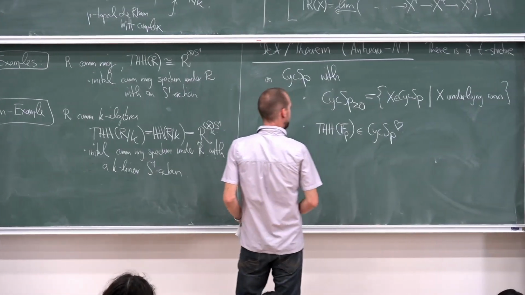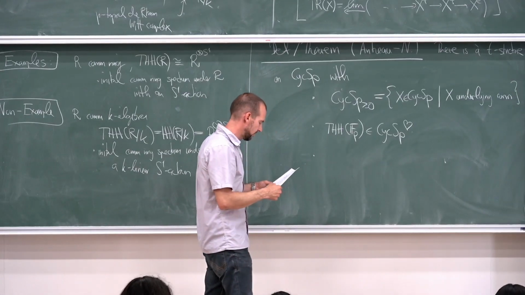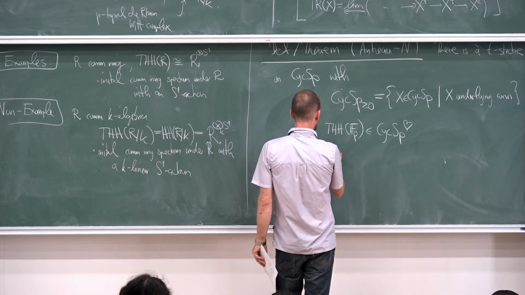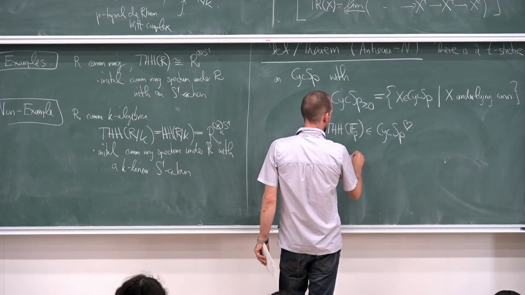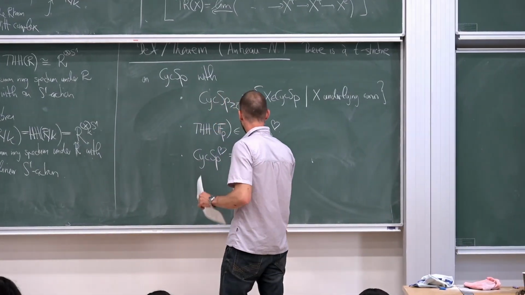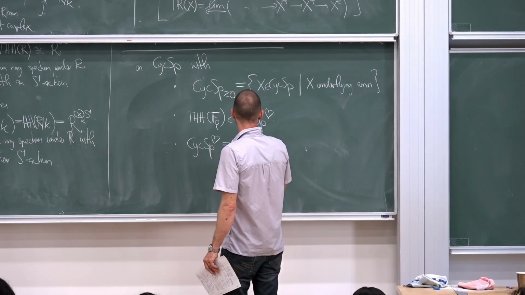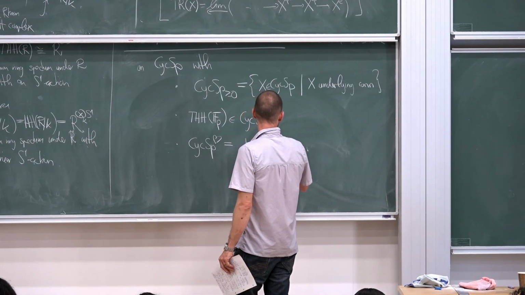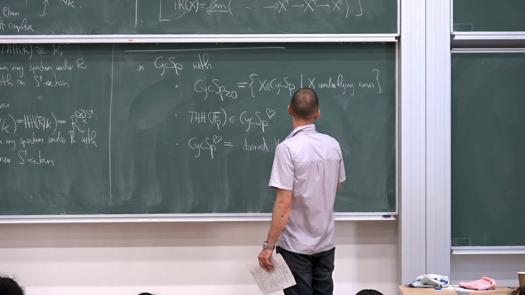And secondly, not only can we understand that, but we can understand the whole heart actually. So what does the heart look like? The heart is going to be the category of derived V-complete Cartier modules.